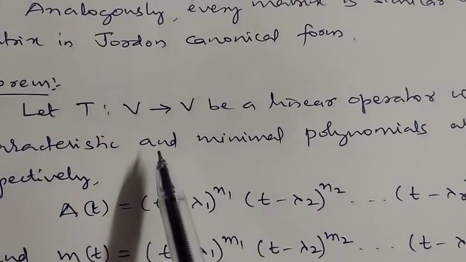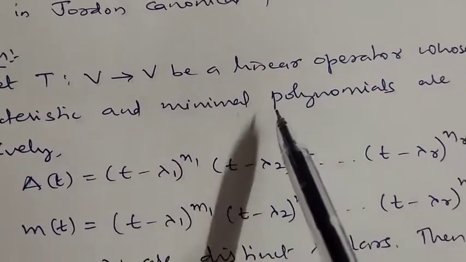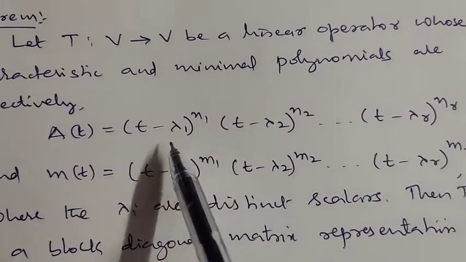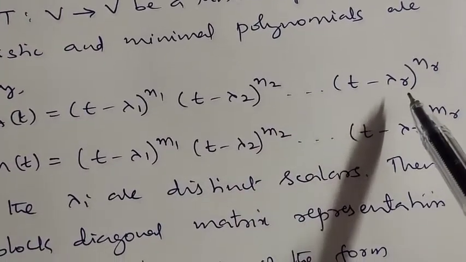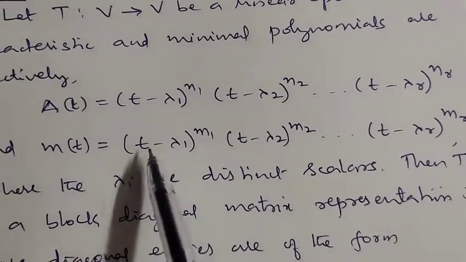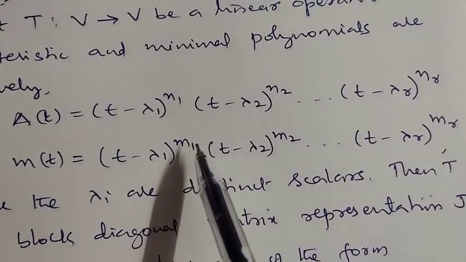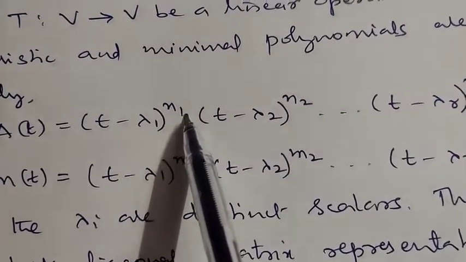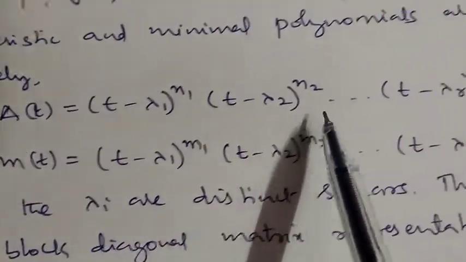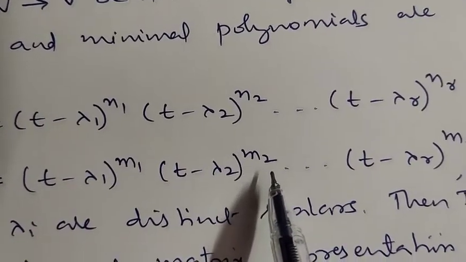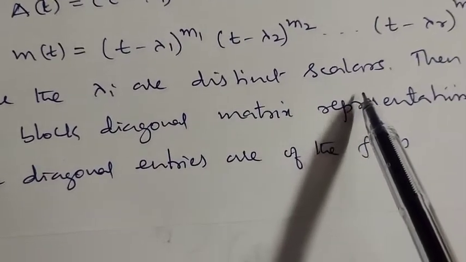Now we have a theorem. Suppose T from V to V is a linear operator whose characteristic polynomial and minimal polynomial are respectively given by delta of t equals t minus lambda 1 power of n1, t minus lambda 2 power of n2, and so on up to t minus lambda r power of nr, and the minimal polynomial is m of t equals t minus lambda 1 power of m1, t minus lambda 2 power of m2, and so on up to t minus lambda r power of mr, where the lambda i are distinct scalars.